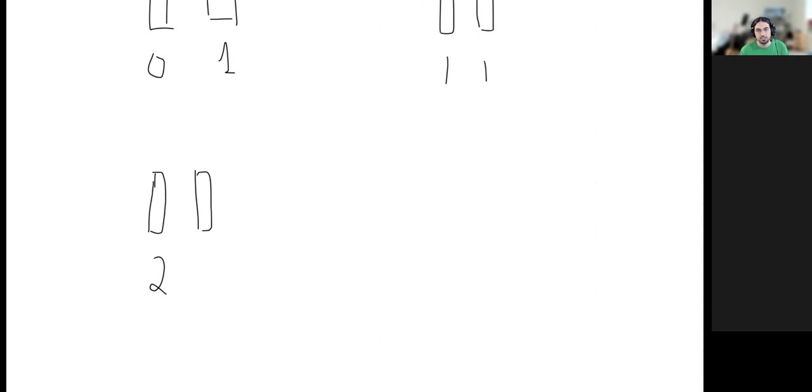Well, maybe both candles are off. Maybe the second is on. Maybe the first is on, but the second is off. Or maybe they're both on. So you can think of it that way. So you can represent four things.